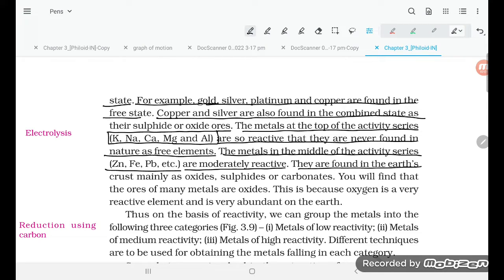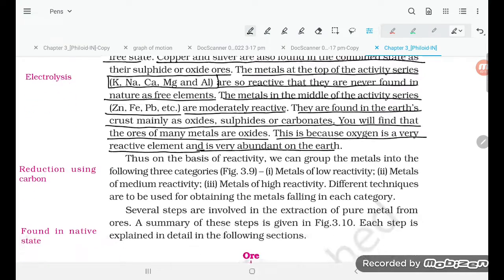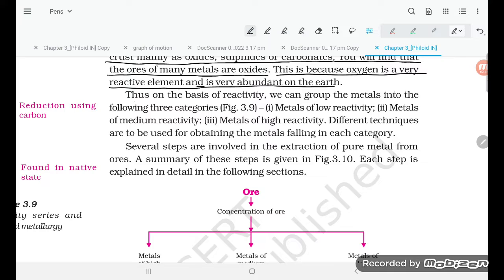They are found in the earth's crust mainly as oxides, sulfides, and carbonates. You will find that the ores of many metals are oxides. This is because oxygen is a very reactive element and is very abundant on the earth. Thus, on the basis of reactivity, we can group the metals into the following three categories.